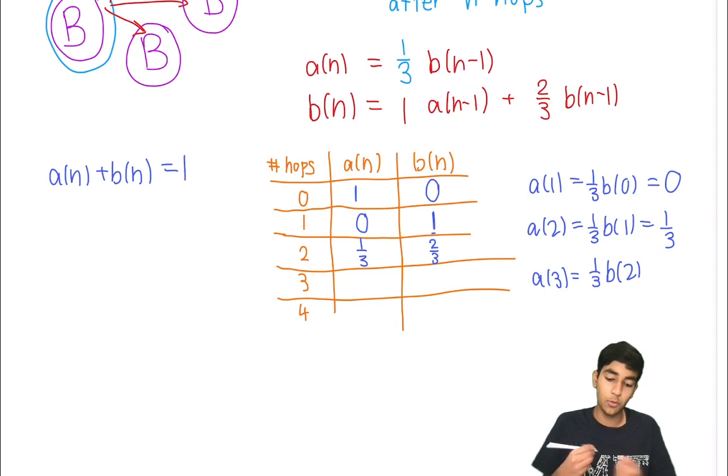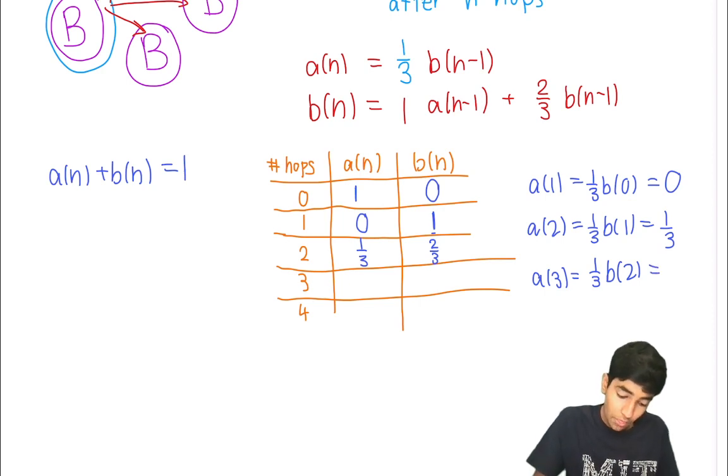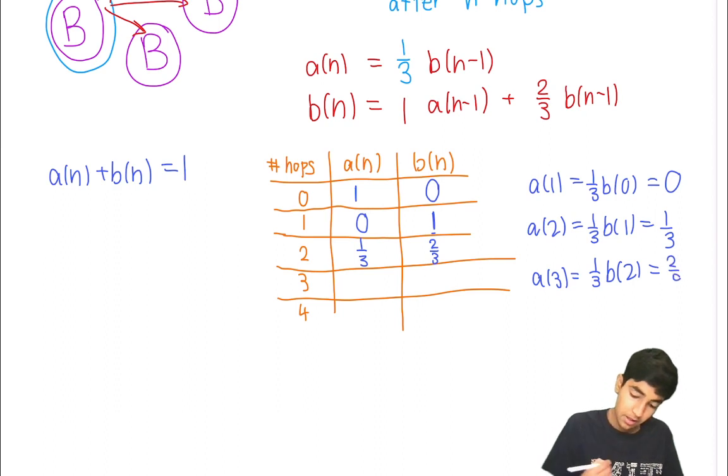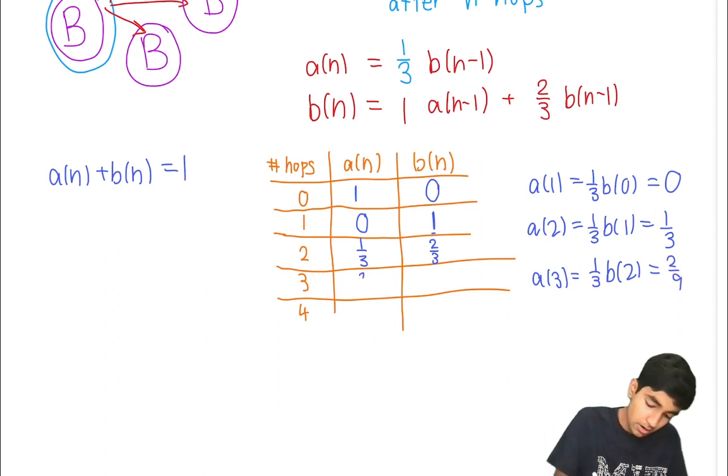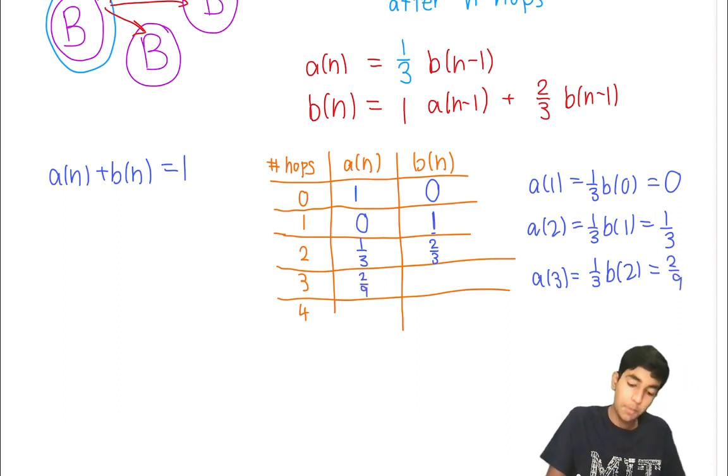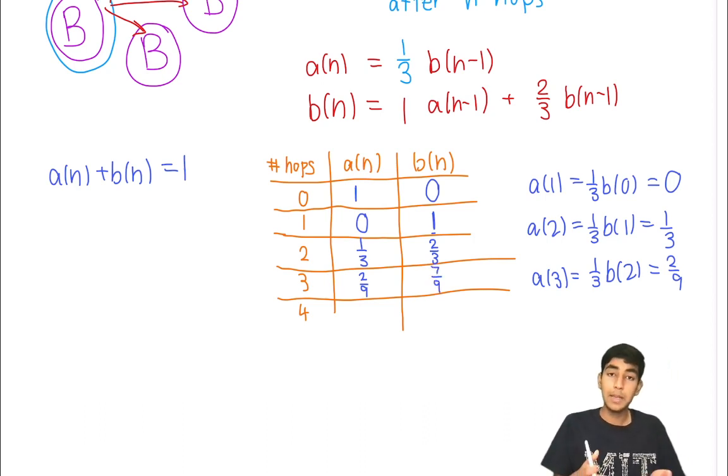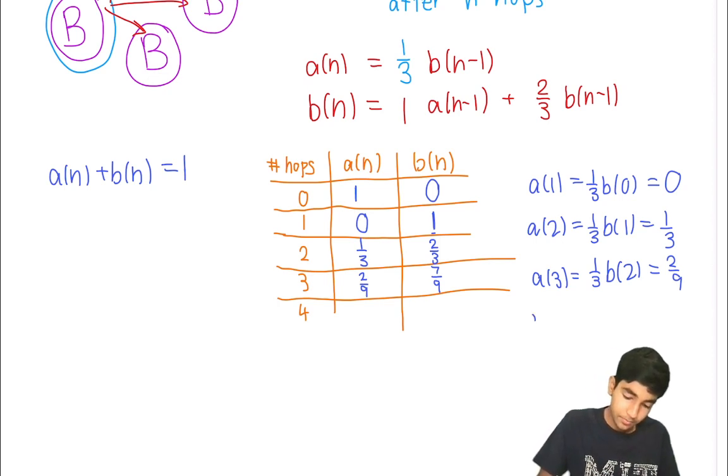And B of 2 is, well, 2/3. So 1/3 times 2/3, that's 2/9. A of 3 is 2/9. And again, 1 minus 2/9, that's 7/9. So B of 3 is 7/9. A of 4 is just 1/3 B of 3, and that's 7/27.